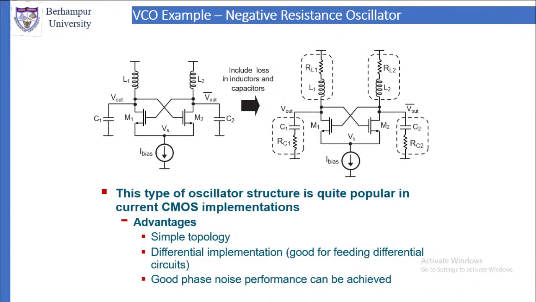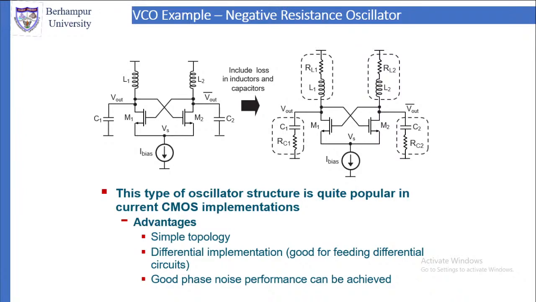It contains L and C. Now, the moment it contains L and C and they are in series, what you can do is, for L you can add a resistive component or a loss component. For C also you can add a loss component. So that is the equivalent circuit shown on the right hand side. Otherwise left and right are the same, except on the right hand side the loss components are there.